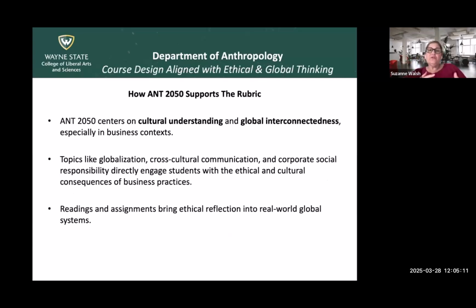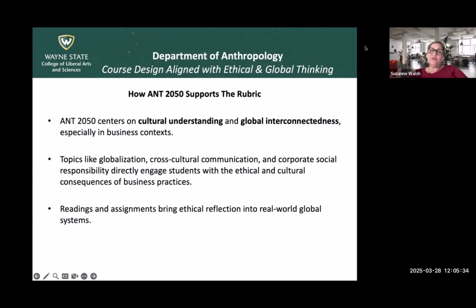So the ways in which my course supports this rubric, it centers on cultural understanding and global interconnectedness, especially in the business context. As I said, I do bring in all kinds of anthropological thinking, and I have to prime the students with really what is anthropology at the beginning part of the course.